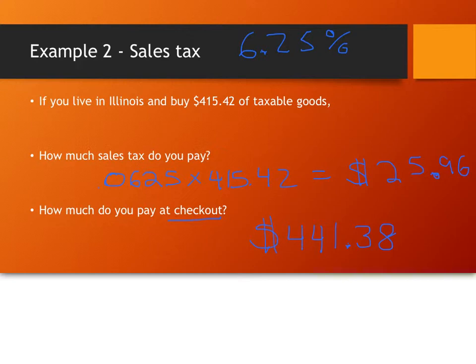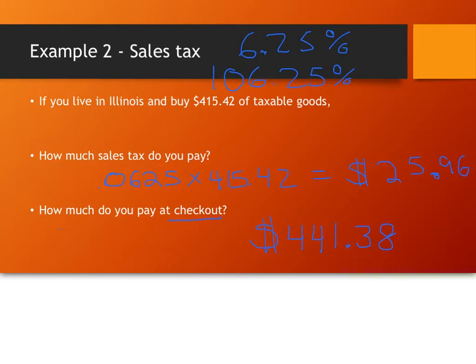Remember, we're increasing this original price of $415.42 by 6.25%. Another way to think about increasing by 6.25% is to take our original price and instead of saying increase by 6.25%, say we really want 106.25% of the original.